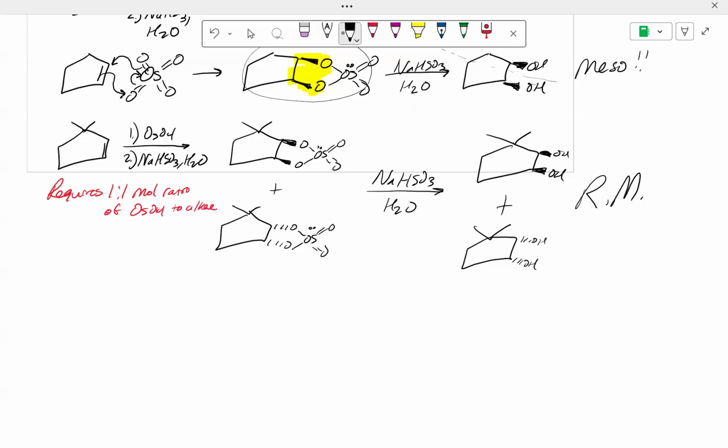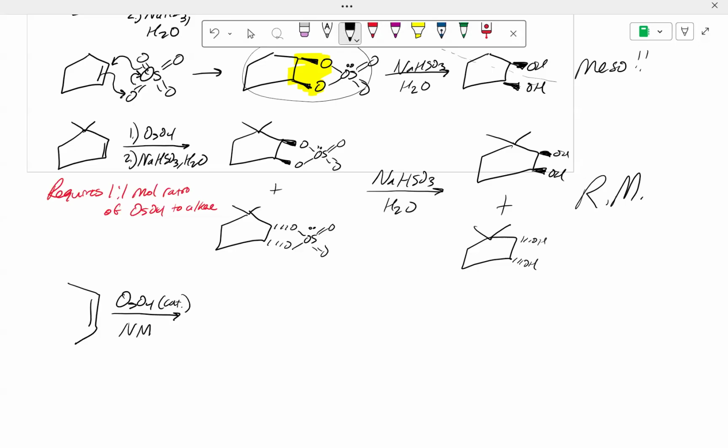The downside of that is osmium is a heavy metal, kind of toxic, not good to get into water supplies or anything like that. So the less we can use of it, the better. One option is, instead of using a 1-to-1 mole ratio, we'll use a catalytic amount of osmium tetroxide.